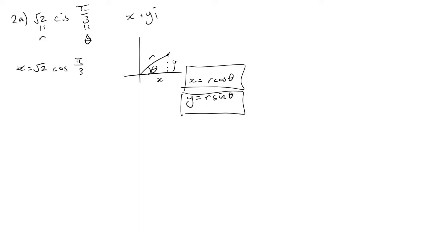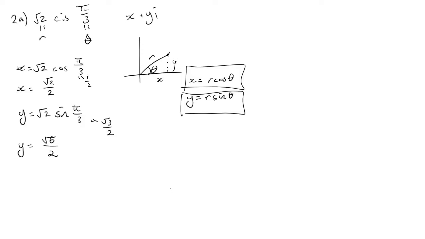Okay, exact value time. Cos pi on 3 is half, so x equals square root of 2 on 2. Now y. Y is equal to the square root of 2 sine pi on 3. Sine pi on 3 is square root of 3 on 2. So y is equal to root 6 on 2.